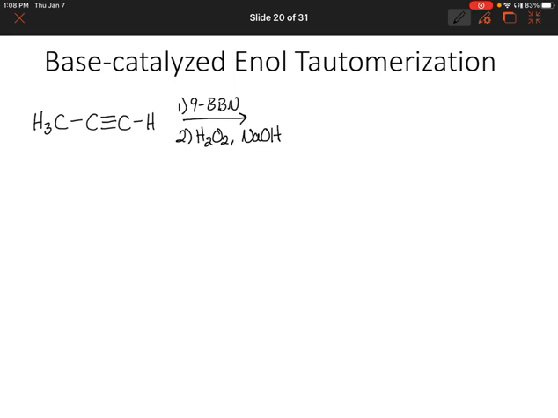So remember that involves adding the OH group to the least substituted carbon. And then the hydrogen will add to the more substituted carbon in this case. Okay, so there's our enol. And again, we know that it's going to turn into an aldehyde.